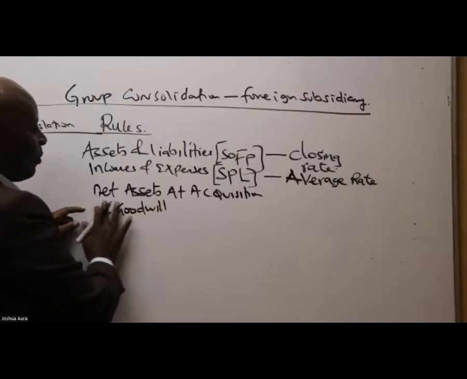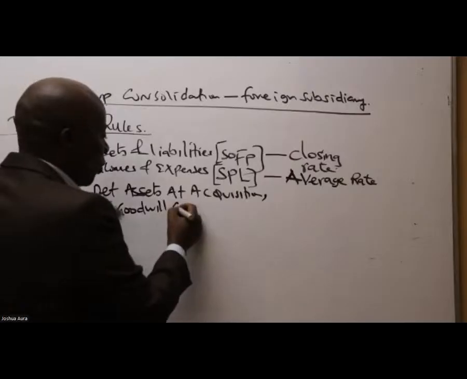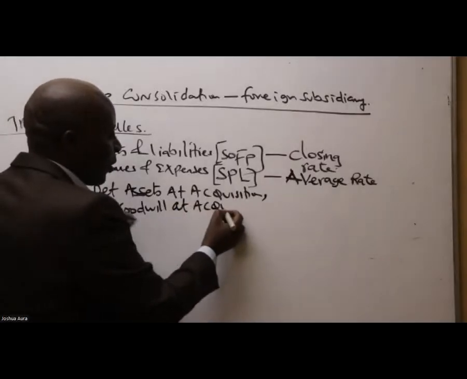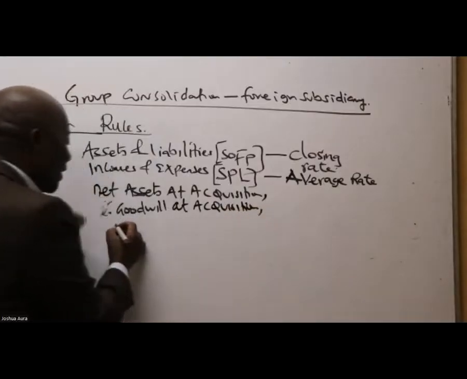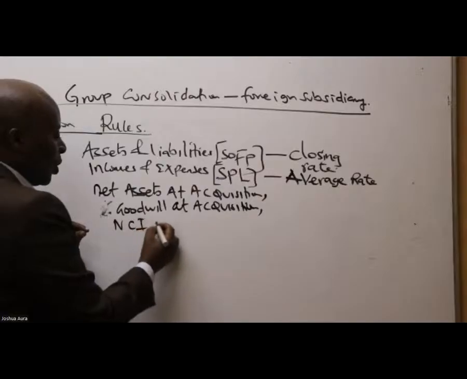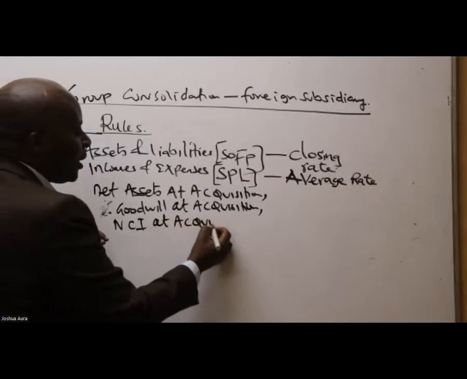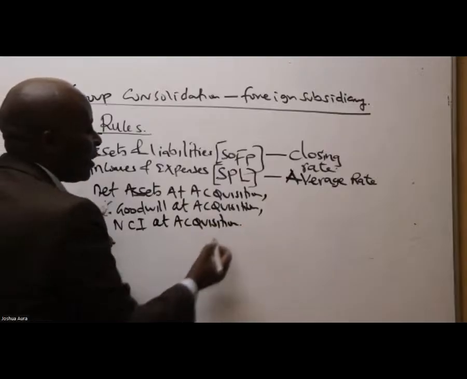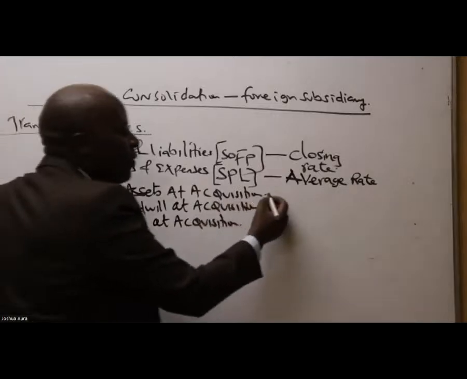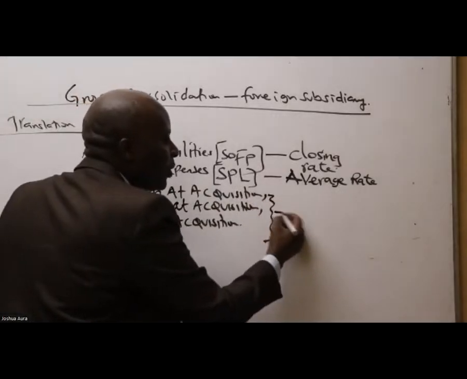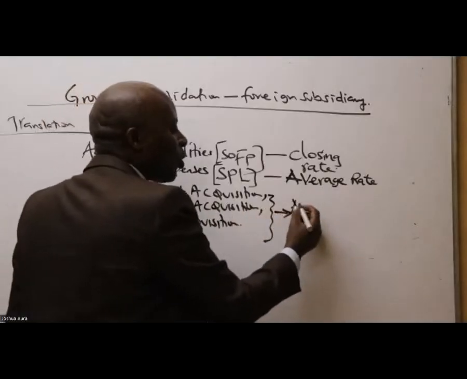Net assets at acquisition, goodwill at acquisition. I want to keep on insisting on this. Goodwill at acquisition. Talk of NCI at acquisition. Anything in this case here that this examiner is using this word at acquisition, everything here, we shall be translating them using the acquisition rate.